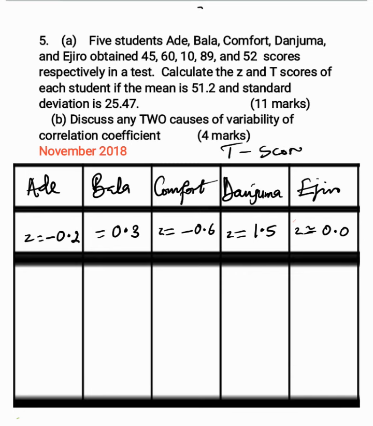We recall that the T-score is calculated using the formula T equal to 10Z plus 50.